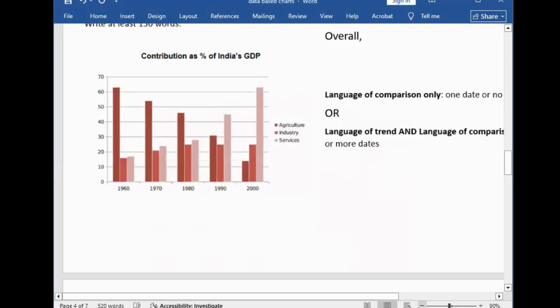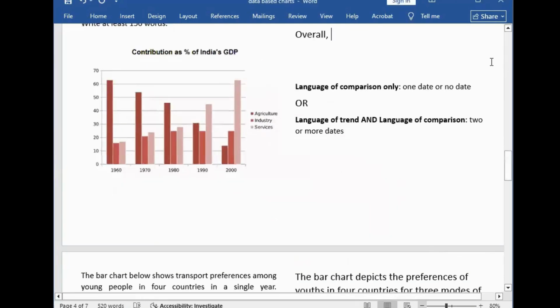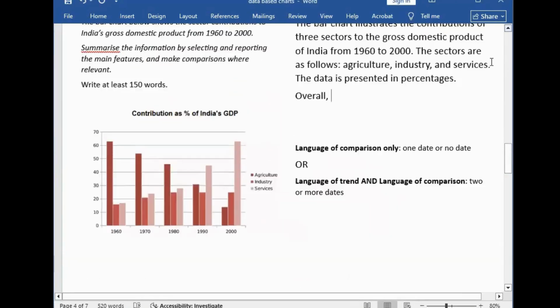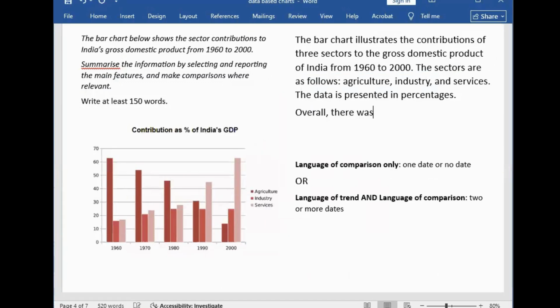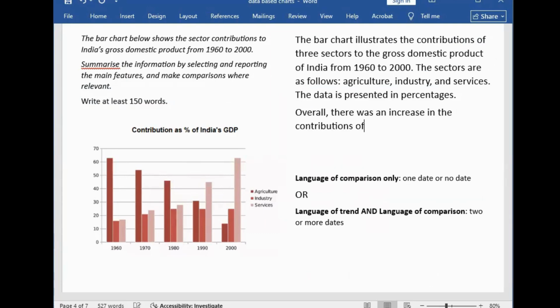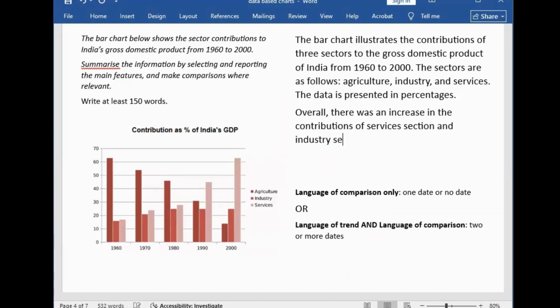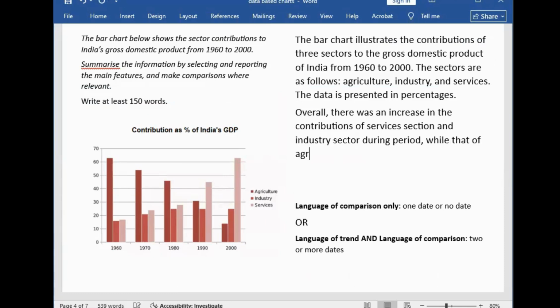So let me use that to write my overview. I will say that overall, there was an increase in the contributions of services sector and industry sector during the period, while that of agriculture reduced.